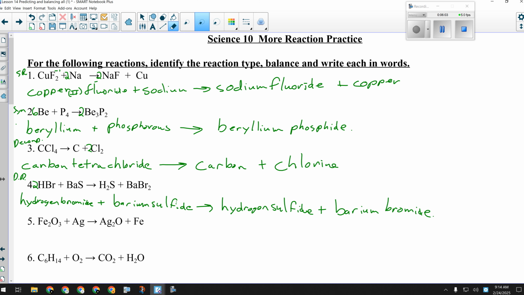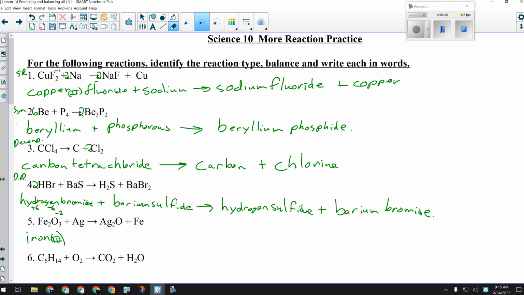Okay, how many people have done number 5? Okay, let's look at number 5. On number 5, ionic compound here, this stuff is iron, and we have to figure out what Roman numeral goes there. Oxygen's always a -2, which gives me 6 negative charges. So I've got to get 6 positive charges from the 2 irons. 6 divided by 2 is 3.